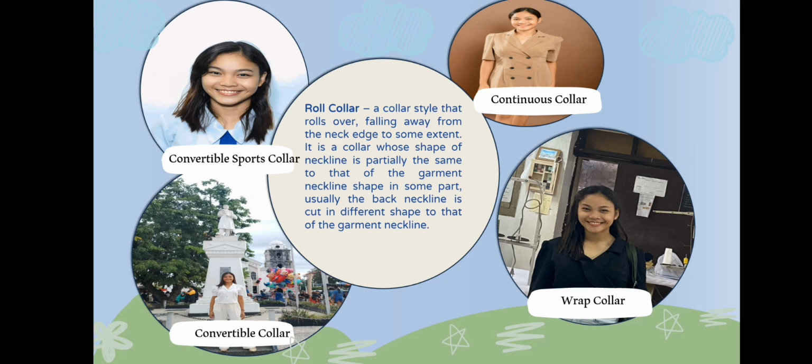And we have the convertible collar, commonly used in casual garments. And the continuous collar is for formal, casual, or even for formal events, casual, and others. And we have the wrap collar. From the word itself, wrap collar, the collar is overlapped on each other.